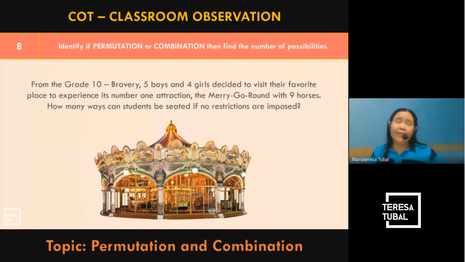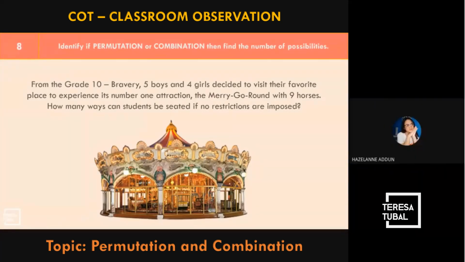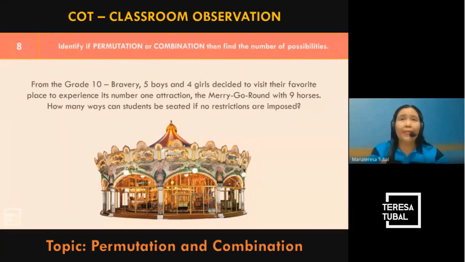Encela, what could be the value of n? Okay. Hazel? 9 po. 9. What do you think this kind of the given? Permutation or combination? Permutation po. If that is permutation, what kind of permutation, Hazel?